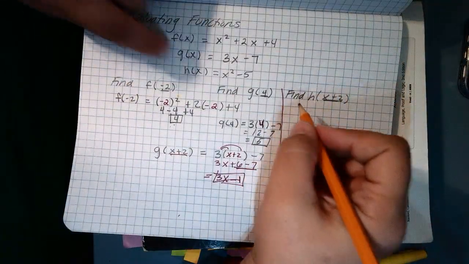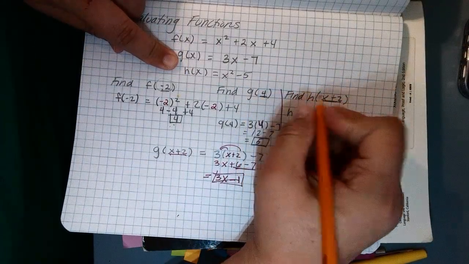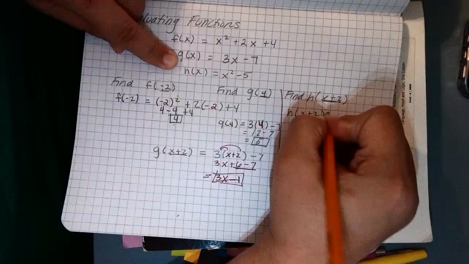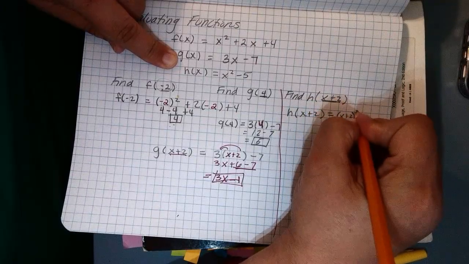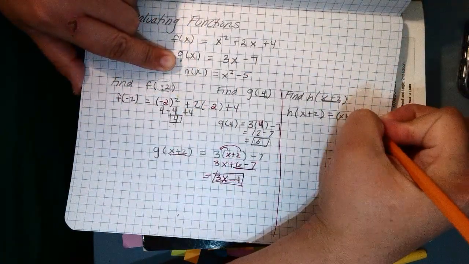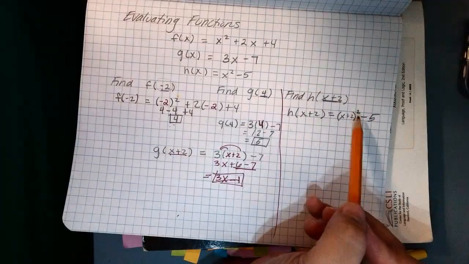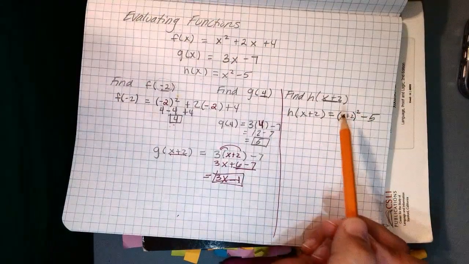x plus 2. When I plug it into this x squared here, I have to keep the x plus 2 together and put the squared on the outside, and then minus 5. Now this squared tells me that there are 2 copies of this parentheses right here.